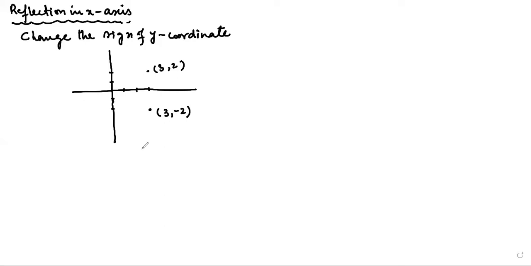You can see that there is no change in the x coordinate, but we change the sign of the y coordinate. It means we will transform 3, 2 to 3, minus 2, or if the point is x, y, then the new image point is x comma minus y.